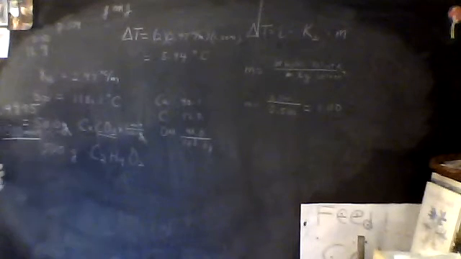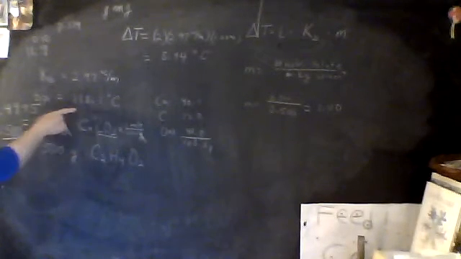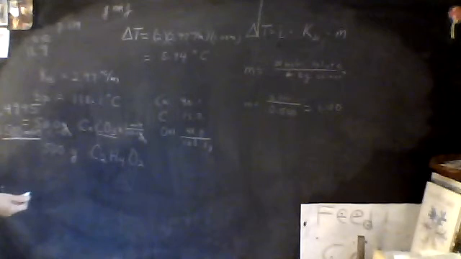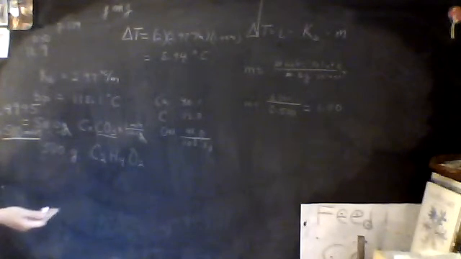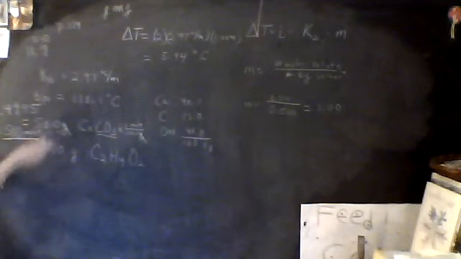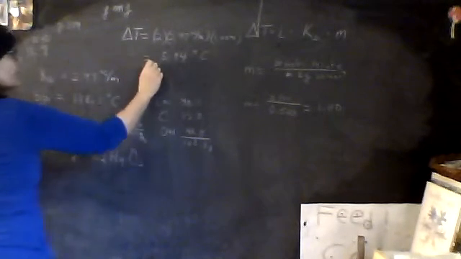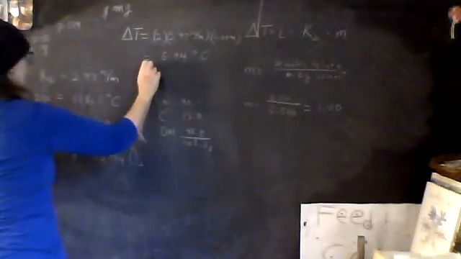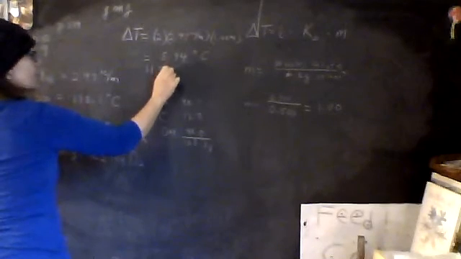So what do we do with that? We're going to add it to our boiling point, just like with the other problem, where we added the negative number to our freezing point, which is similar, of course, to subtracting it. We're going to say 5.94 plus 118.1.